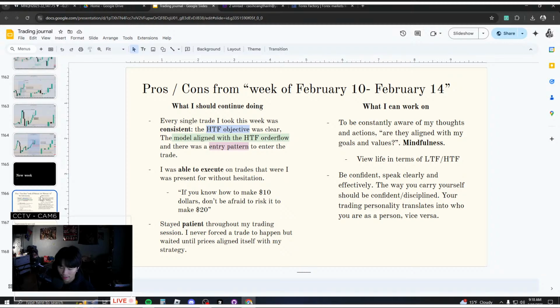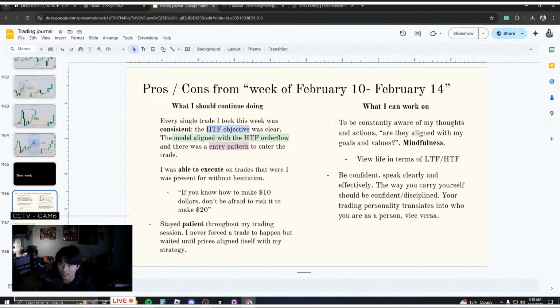Every single trade that I take this week, I should be able to identify what my higher time frame objective is. I should be able to have a model that aligns myself with the higher time frame order flow, and I should have an entry pattern.